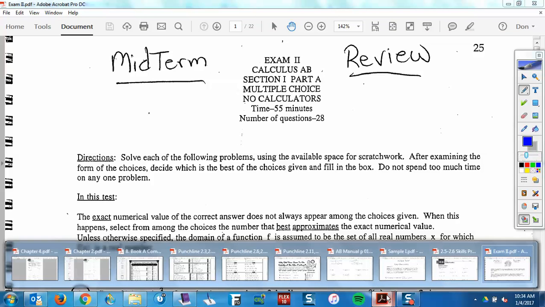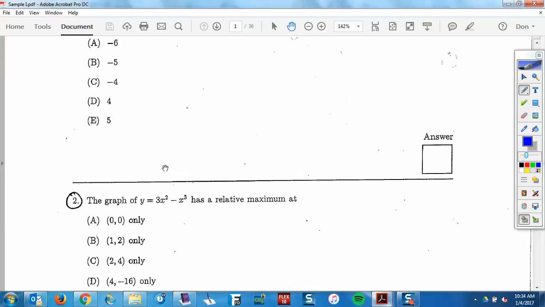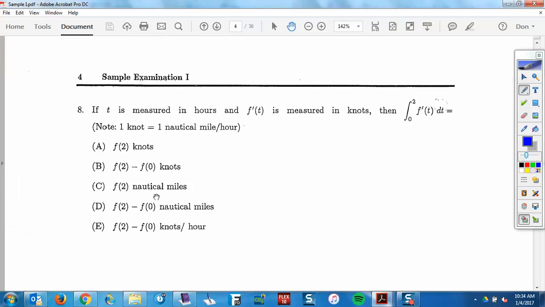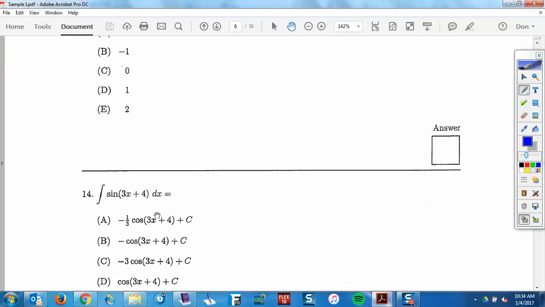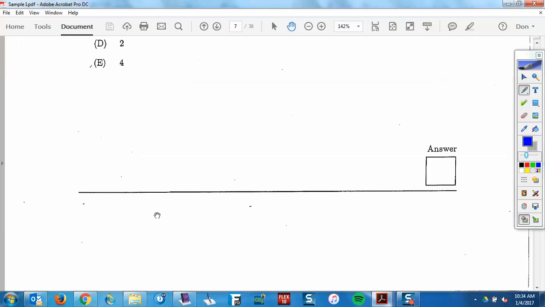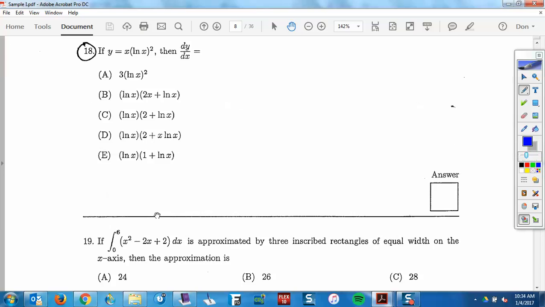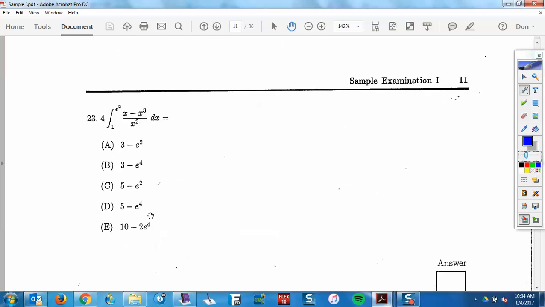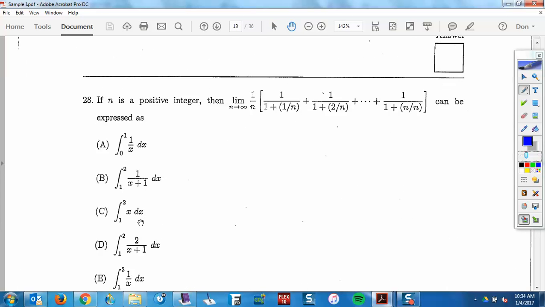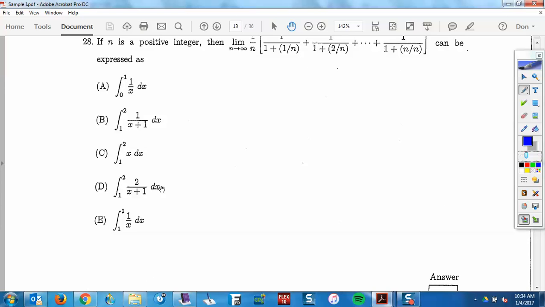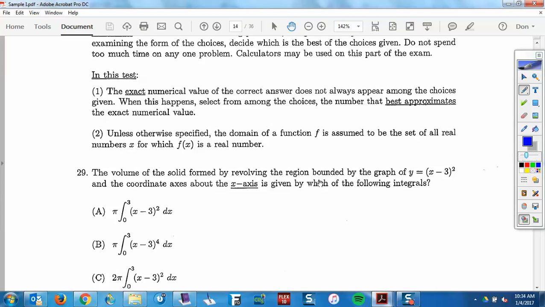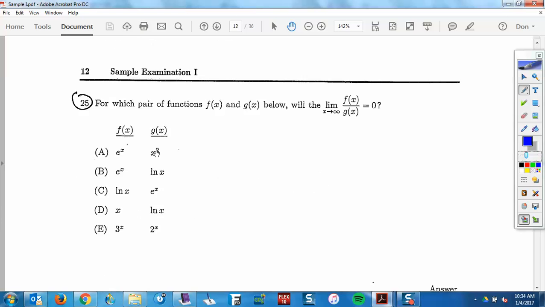So for tomorrow, go to number 28. I think in the AP test this year, you're going to have 30 in this first section, the no calculator section. But in this packet, there's 28 because that's what the test used to be. Once you get past 28, it goes to the section that says you can use calculator. The first 28 is no calculator.